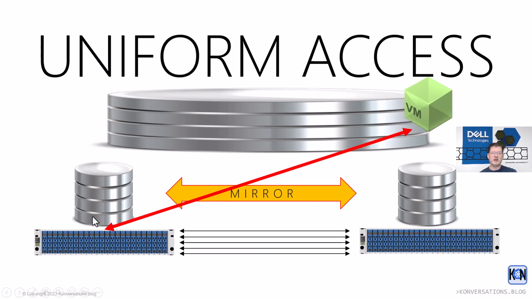Now this controller needs to mirror that write through the WAN to that controller. This controller acknowledges the write back through the WAN, and then this controller acknowledges the written block back to the virtual machine across the WAN. So I just traversed the WAN 4 times for a single write, which induces way more latency.